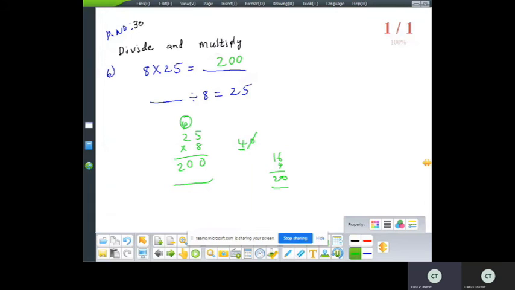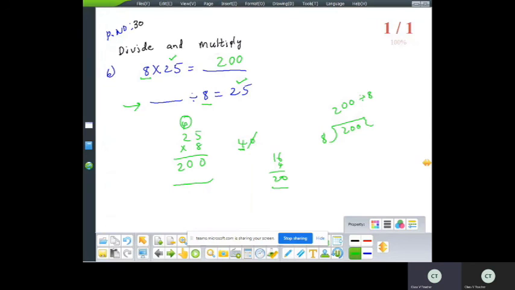From the first statement, compare with the second statement. Here 8, here 8. Here 25, here 25. Here 200 is there. Automatically the answer is 200 in this second statement. To check it, 200 divided by 8. Now 8 table.